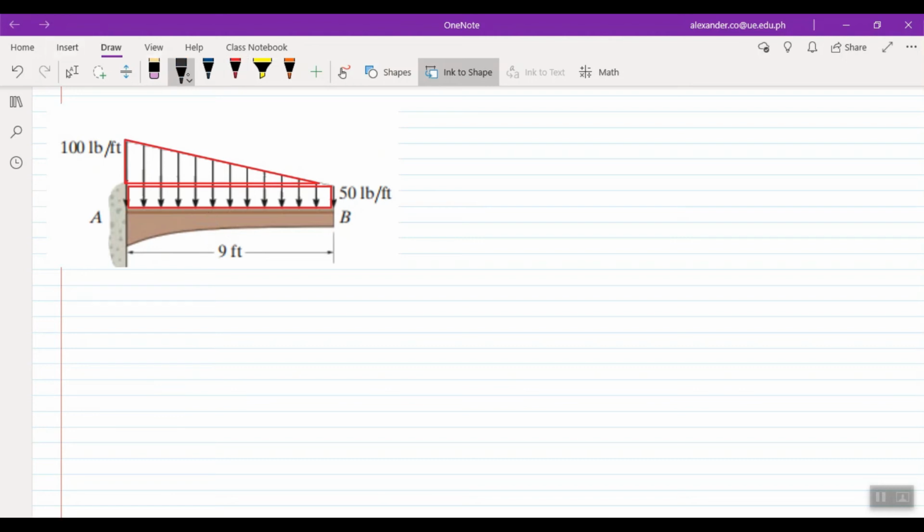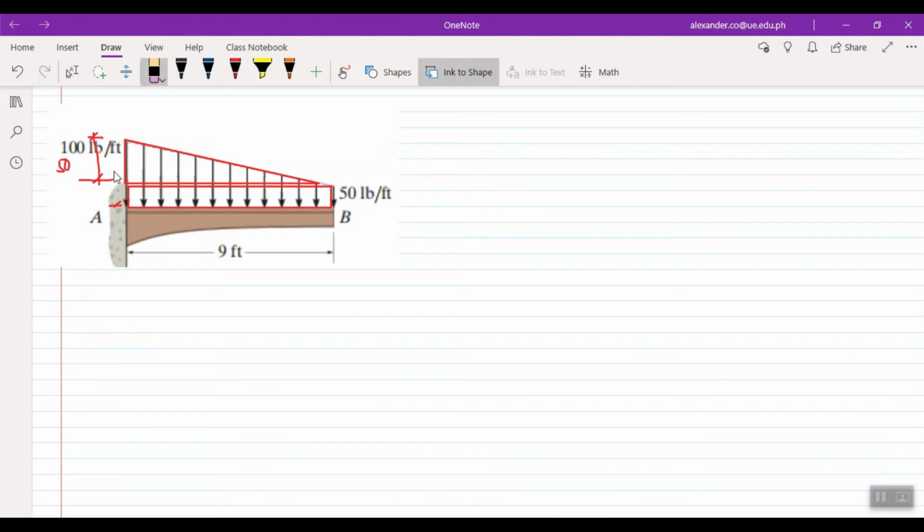Ayun, nasa taas. Ano muna ang height nito? Hindi yan 100. Kaya ayoko to eh. Kasi, malamang gagamitin mong height yung 100. No, it's 50. It's not 100. Kasi yung 100, it's from here to here ang 100. I-minus mo pa yung 50.